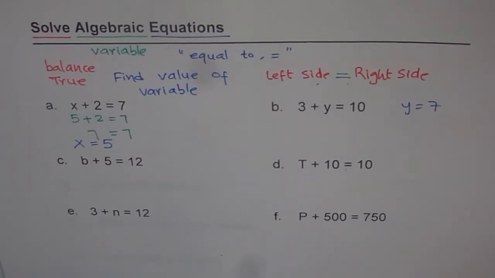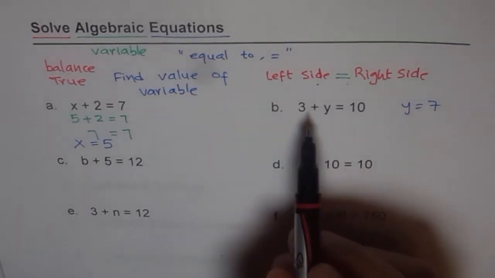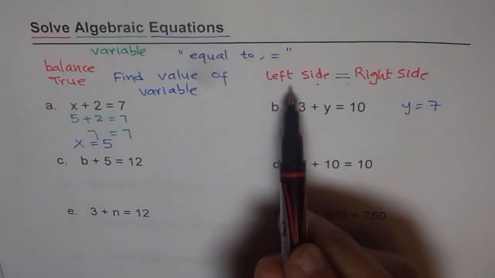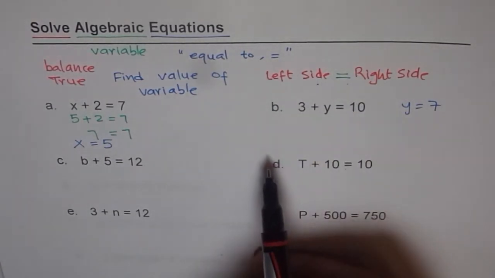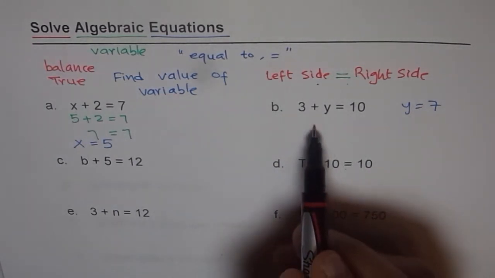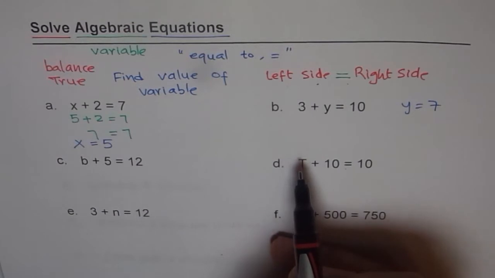The idea is we'll follow a few steps so that we can solve every algebraic equation following similar steps. Now let's see how to solve such an equation. The equation is 3 plus y equals 10. Now we need to balance the left side with the right side. Like in a balance, whatever you do on the left side, you should do on the right side also.